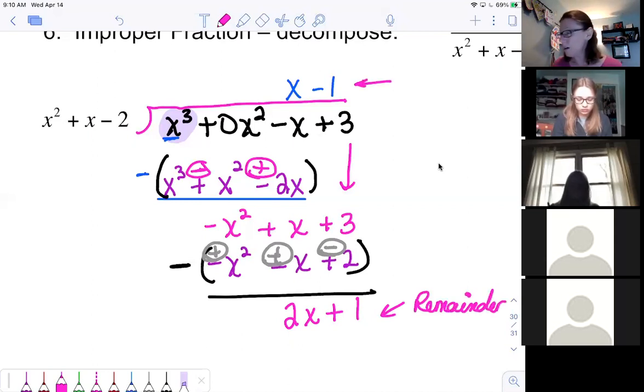This part up here, that's our quotient. That x minus 1 is the part that was pulled out from our original numerator.